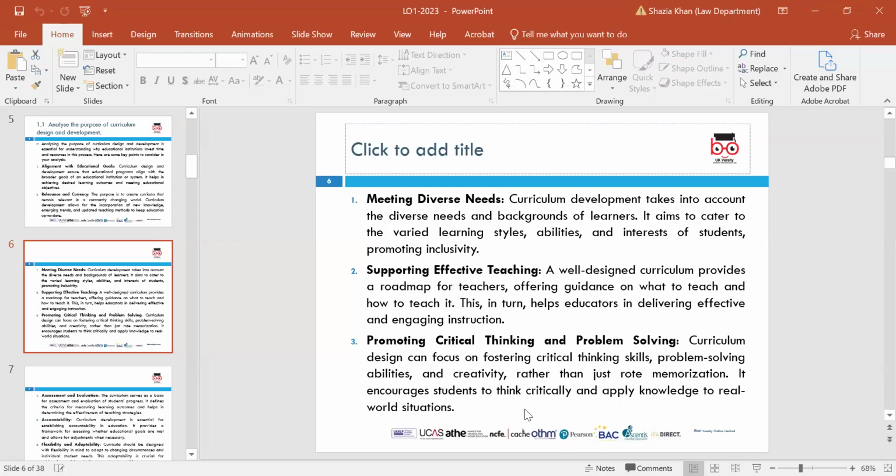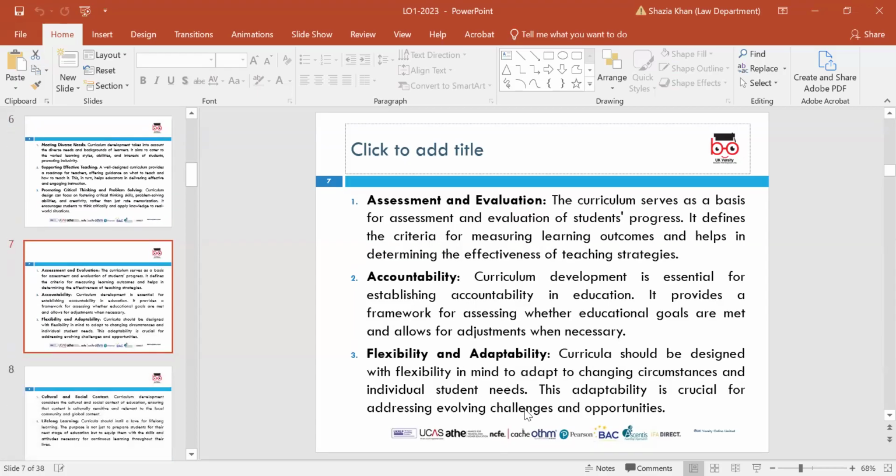And it should always be designed with the student in mind. So you should be designing your curriculum around what your expectations are of that student and meeting their needs and making sure they are fostering any sort of skills they have.